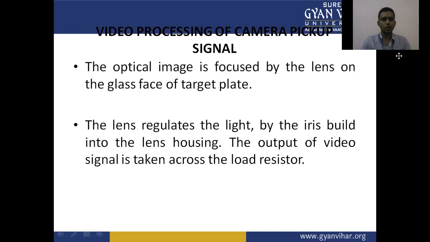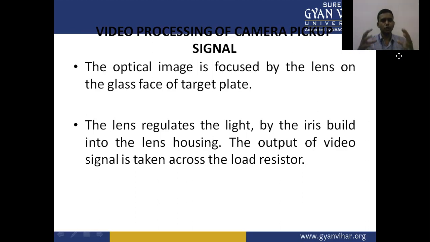Video processing of the camera pickup signal: how is the video processed from the camera pickup signal? The optical image is focused by the lens on the glass face of the target plate. The lens regulates the light by the iris built into the lens housing.